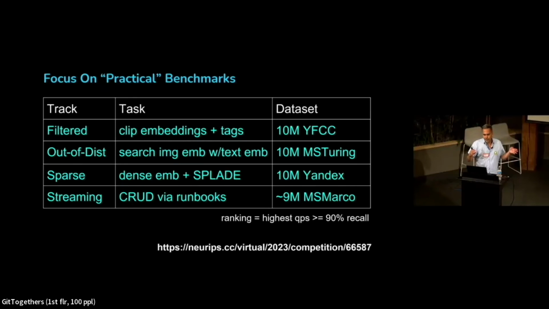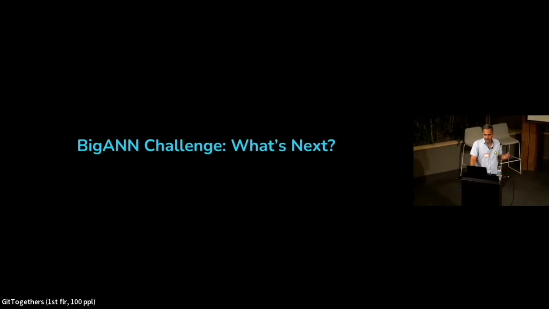Out of distribution is a very challenging track where the distribution of your query vectors is very different from the distribution of vectors that an algorithm trained on. We had a sparse track as well, and a streaming track to reflect the fact that a lot of these databases are not just read-only. You have to update vectors, you have to delete vectors. They're real databases. So check out those results here if you're interested.